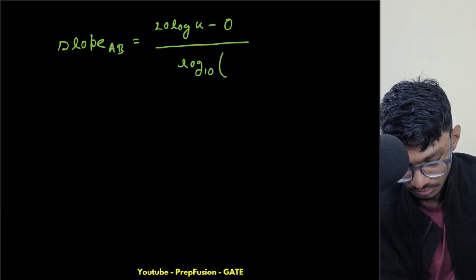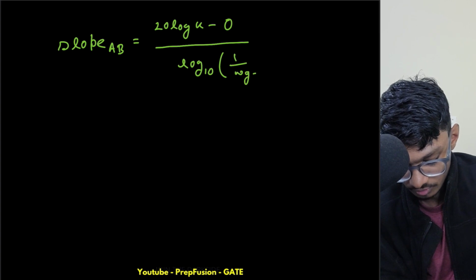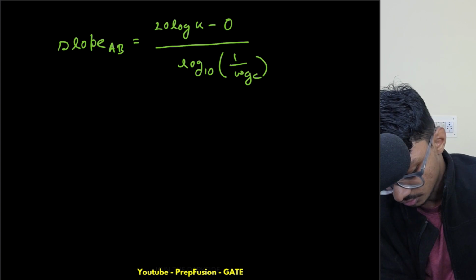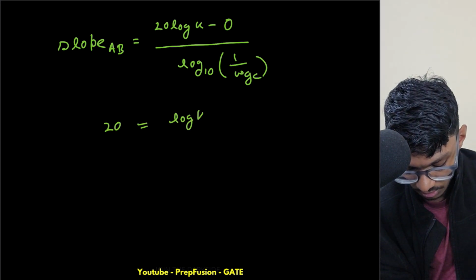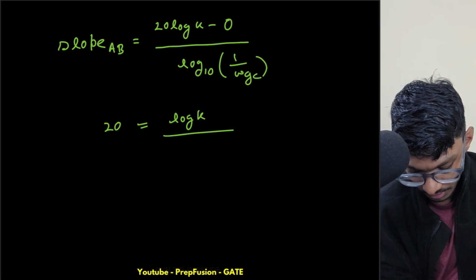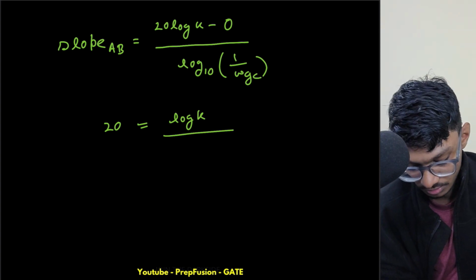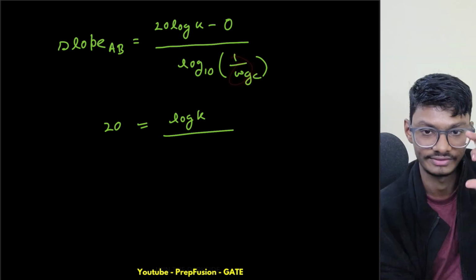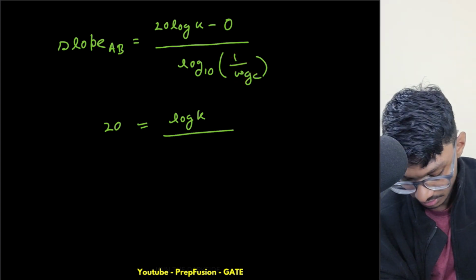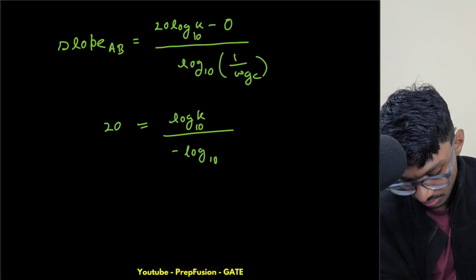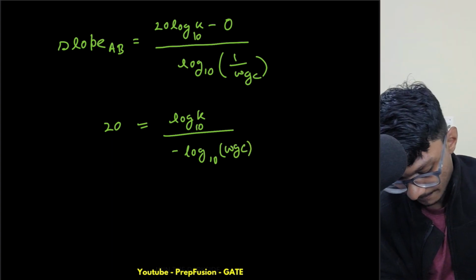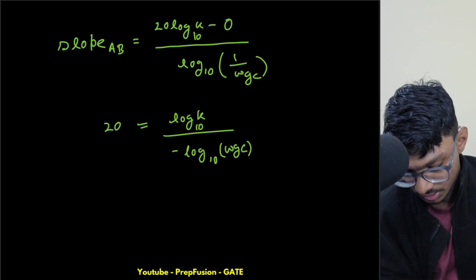Omega A is what we have to find out, omega gc. So what is the slope? The slope is plus 20 here, so 20 equals 20 log k by minus log 10 of omega gc.